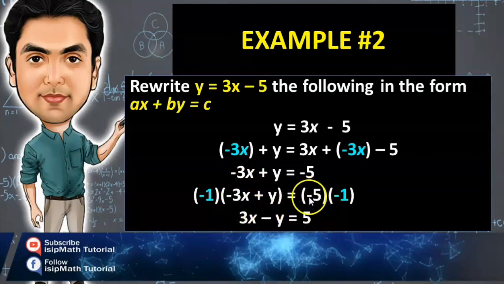Then sa right side, si negative 5 magiging positive 5. So this is now our final answer. So from slope-intercept form na y equal to 3x minus 5, nagiging 3x minus y equal to 5. So this is now our standard form. From slope-intercept form to standard form.